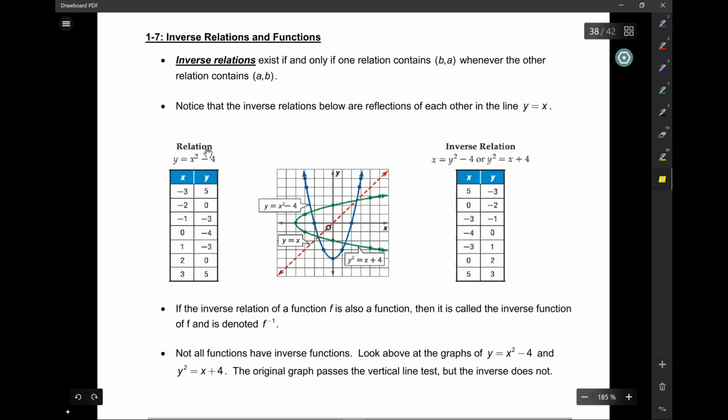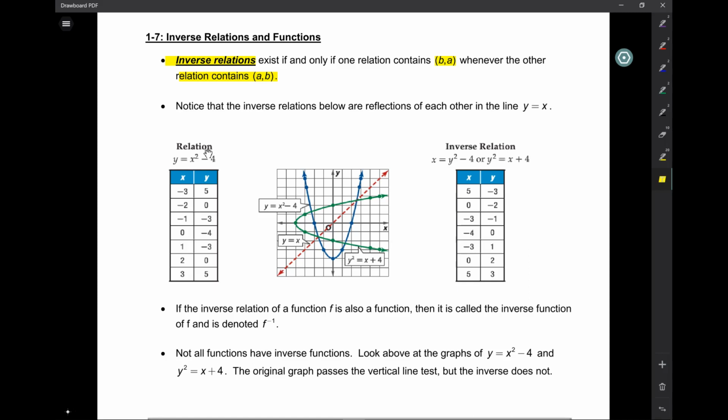First of all, an inverse relation, I'm not talking about a function just yet, will exist if and only if one relation contains BA whenever the other one contains AB. So if you take one relation and you consider all of the coordinate points that make up that relation, AB, right?